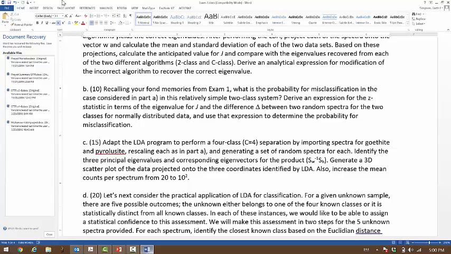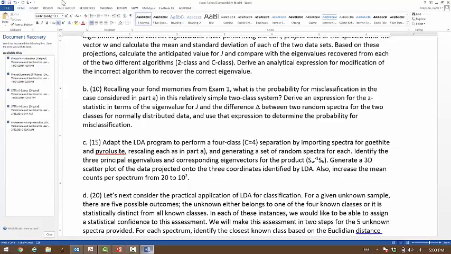But for B, the first part, we did it using MATLAB in the last exam. I'm trying to think what you would do in MathCAD to derive an expression. No, for the probability. Oh, well, you can use that expression to determine the probability of misclassification.